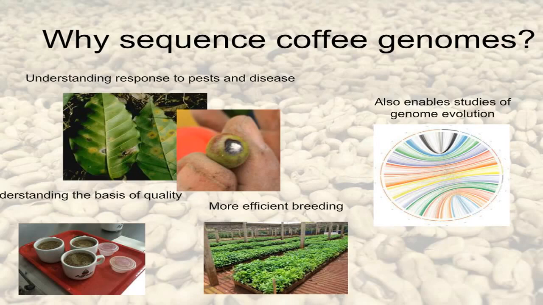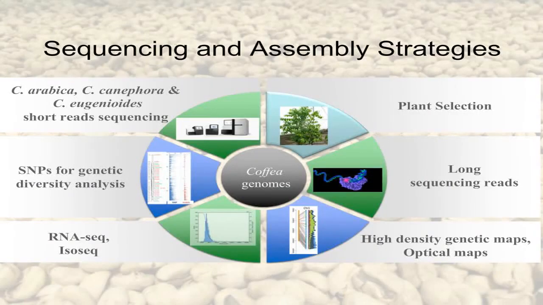Coffee has a number of pests and disease problems that need to be dealt with through breeding. There are also quality issues, so if we can get to the genetic basis of quality, then this allows us to do more efficient breeding. So those are some of the more applied reasons for a coffee genome.